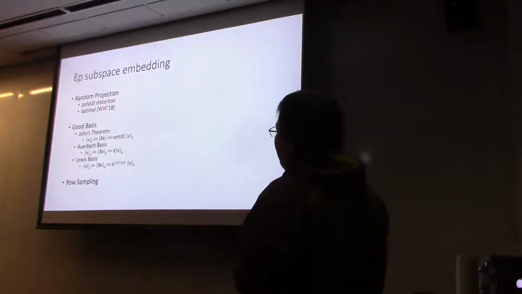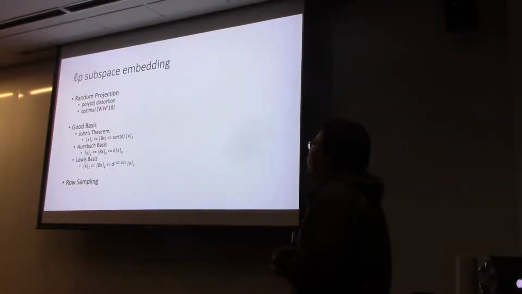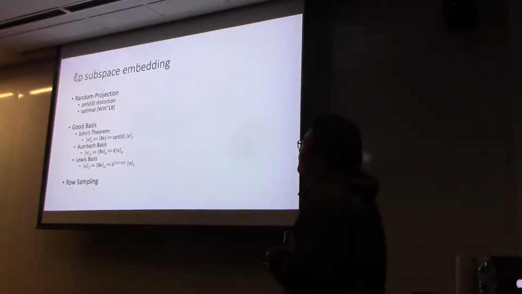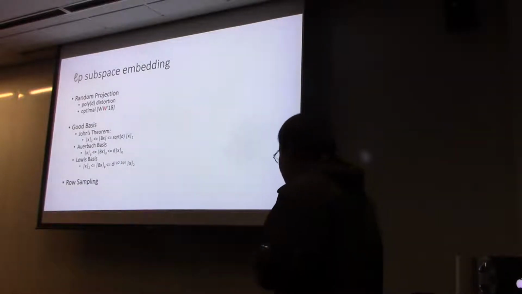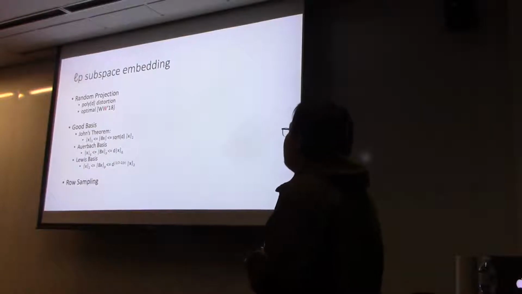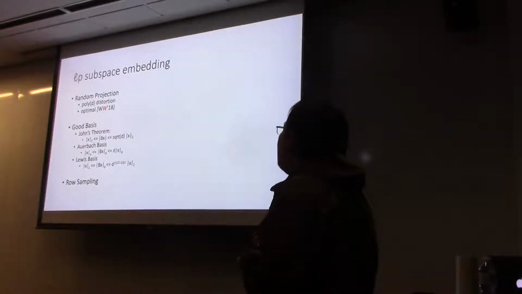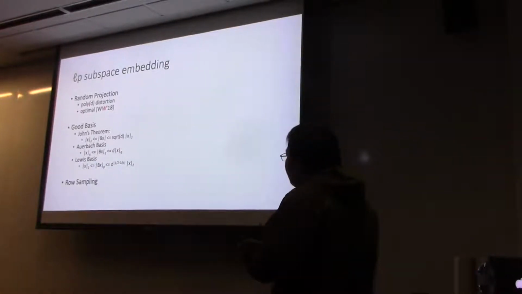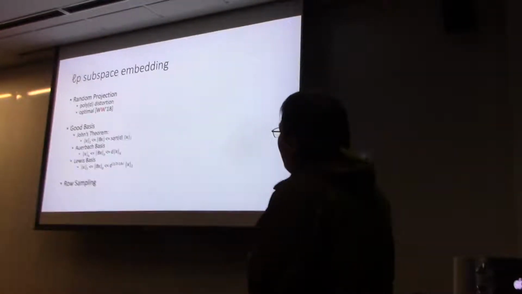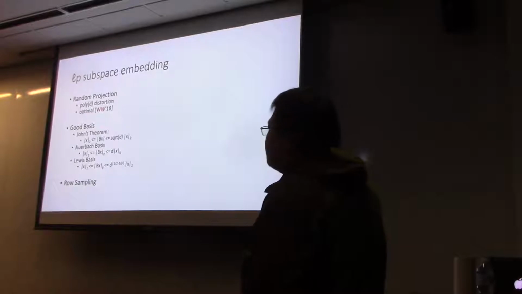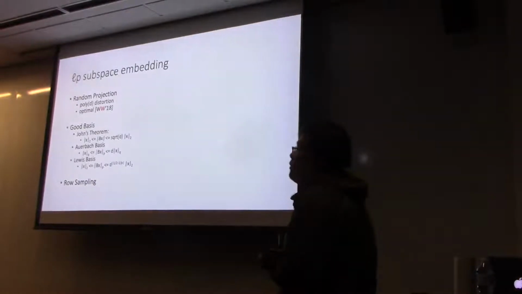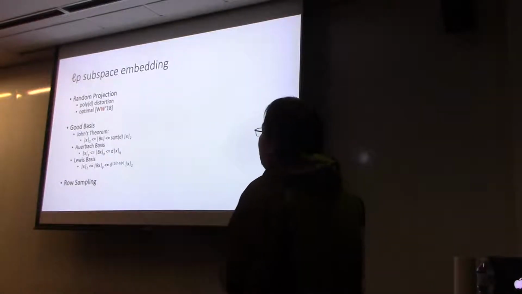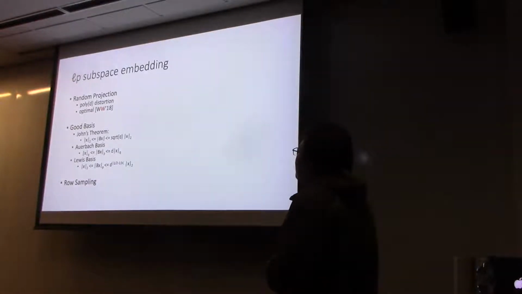Actually, the best known one has roughly d log d distortion. So we cannot actually get a 1 plus epsilon embedding. But can we improve this? It turns out this poly d distortion is somehow optimal, as shown recently by Woodruff and me, that any of these random projection-based embeddings will have a poly d distortion.